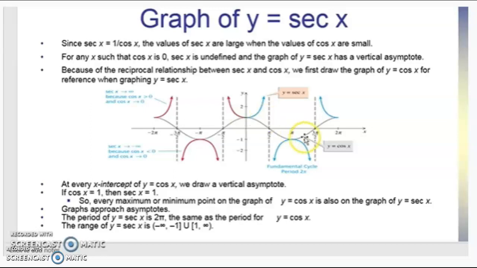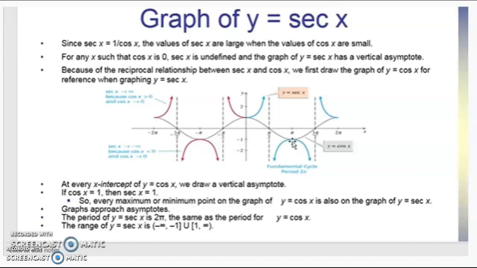Likewise, when the cosine function has a minimum value, the secant function opens downward. As you can see, it approaches the asymptotes while opening downward. You can also see that minimum value on the cosine function serves as the vertex of the parabola on the secant function.